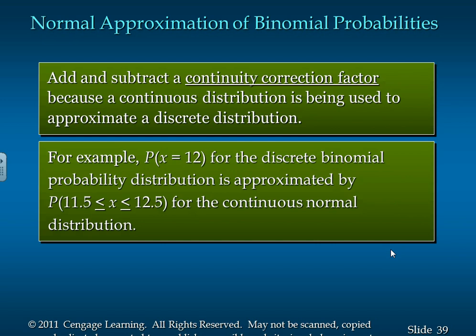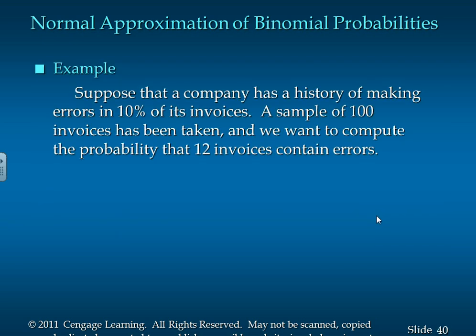For example, we have x equal to 12, and the continuous value is going to be 11.5 or whatever. Suppose a company has a history of making errors on 10% of its invoices.